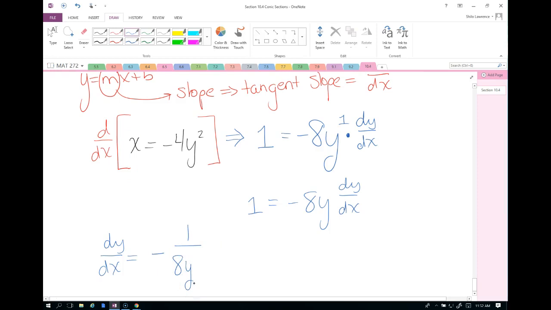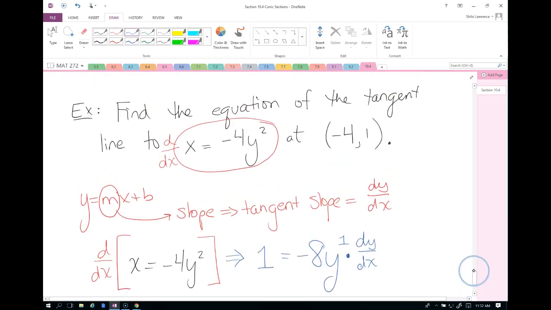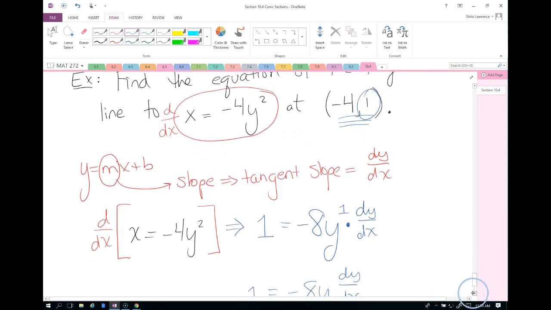That's how we get tangent slope. This will give us tangent slope anywhere on our parabola. All we need to know is the y-coordinate. And we know the y-coordinate. They gave us a specific point to do this at, negative 4, 1, but it says that tangent slope is dependent upon the y-coordinate. So all we need is the 1.